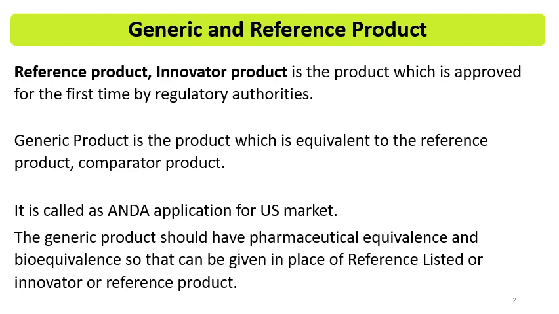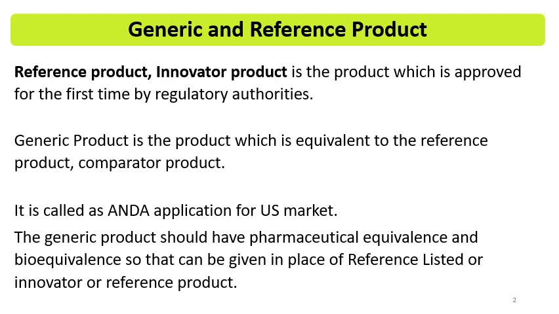The generic product is the product which is equal to the reference product considering its quality and the bioequivalence. So generic product should have pharmaceutical equivalence and the bioequivalence so that it can be given in place of reference product, reference listed product or innovator product or the comparator product.